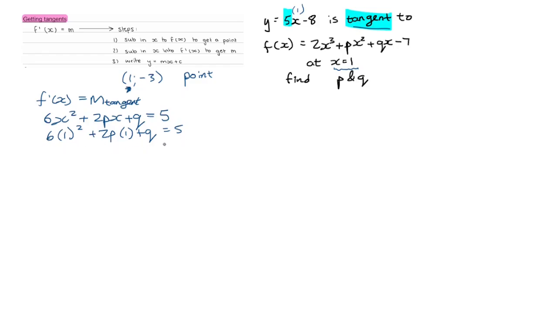I'm going to take 6 across, so it will be -1. And just to save time, I'm going to take the 2p across. So I've got q, and then I'll have -2p.